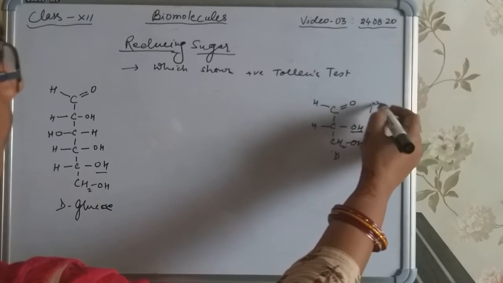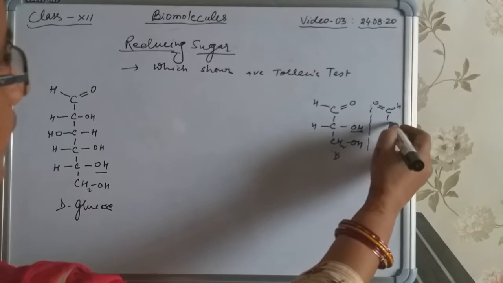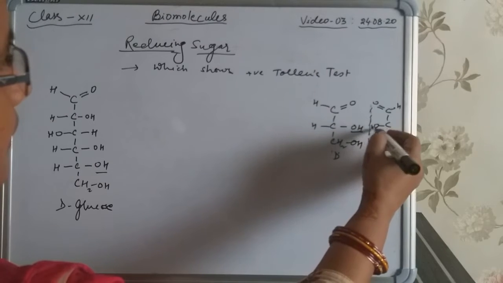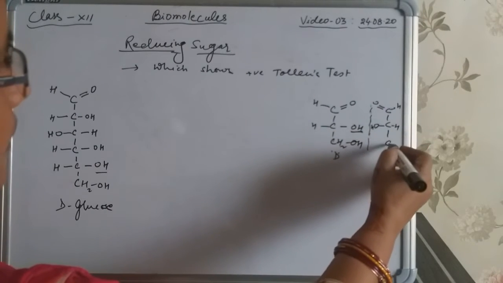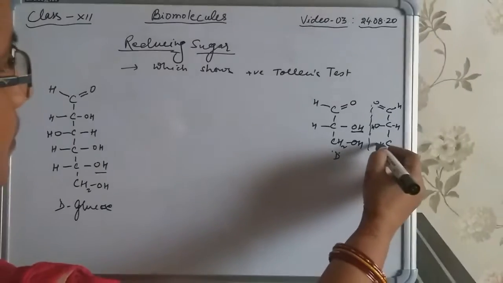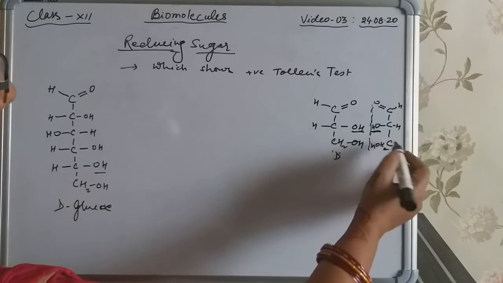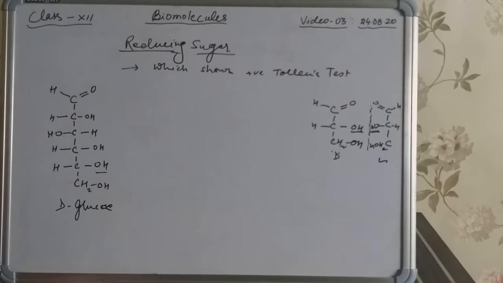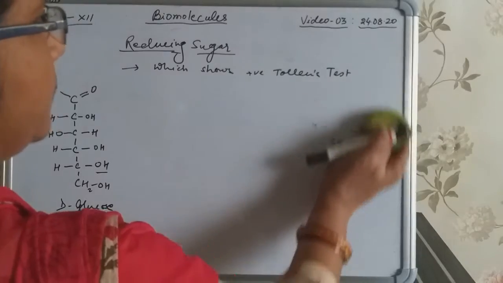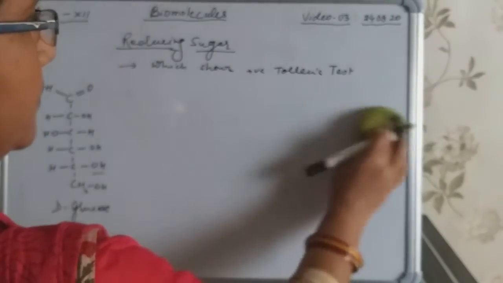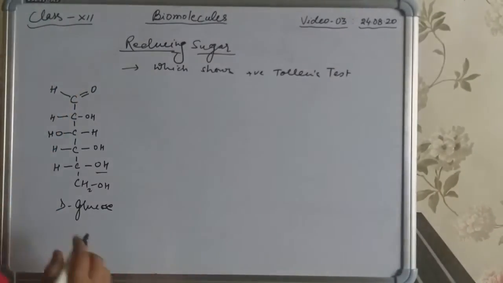If it is written like this, the OH group is on the left-hand side, so it is known as L-glyceraldehyde. In this way we can configure the different monosaccharides. So it is D-glucose, and how can we find out whether it is a reducing sugar or a non-reducing sugar?